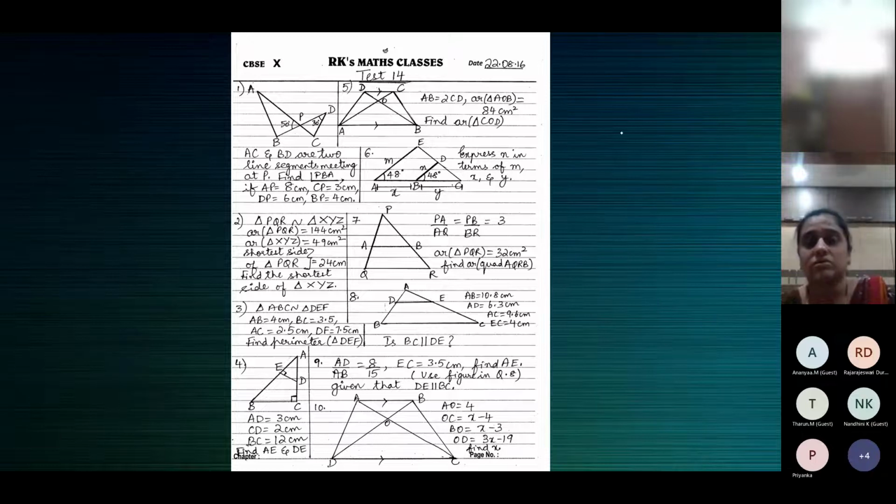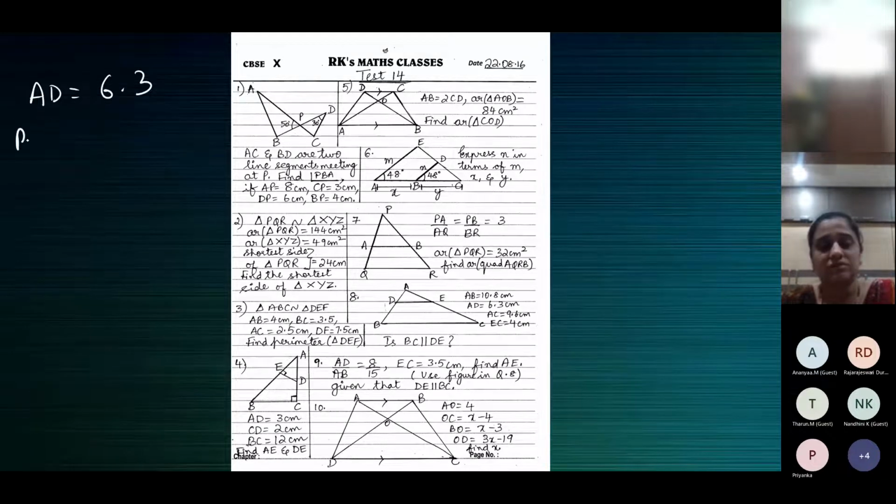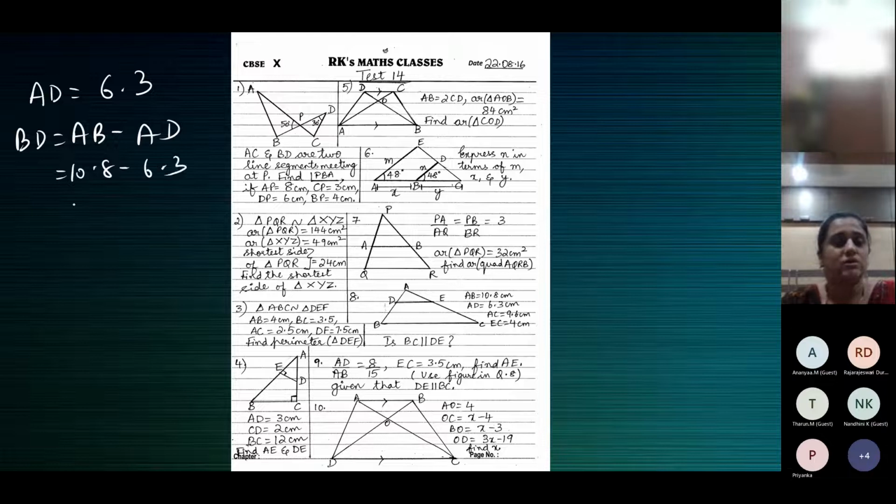Yeah, so as Priyanka told us, we have to find AD. AD is equal to AB minus DB. We know AD is 6.3, and BD is equal to AB minus AD, 10.8 minus 6.3, which is 4.5.